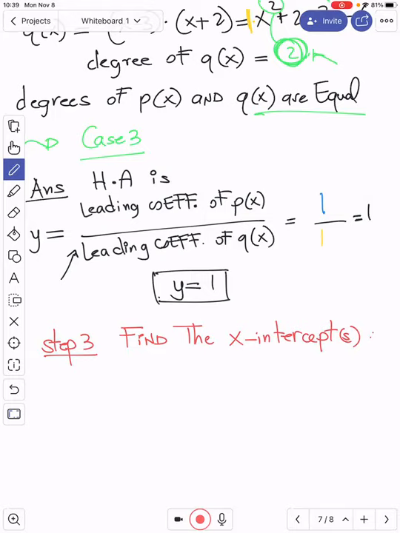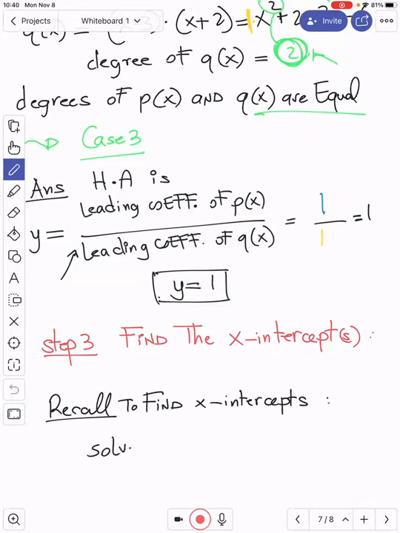Just to remind you, what we do in general to find the x-intercept is solve the function f of x equal to 0, right?